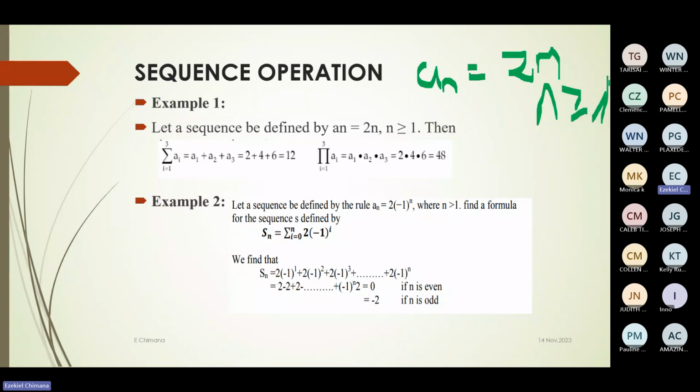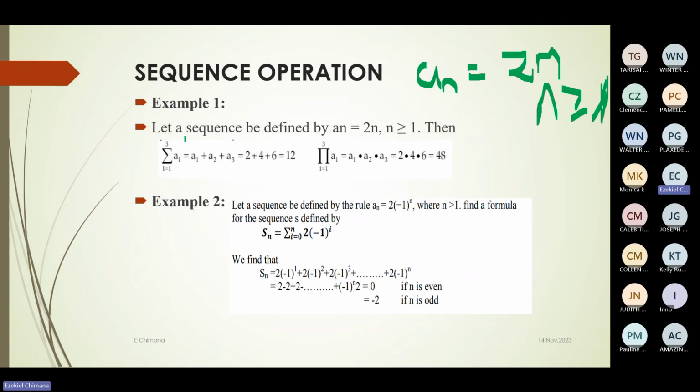In other words, your sequence starts at 2 as the first element, because if you put 1 here, it gives you 2 times 1, which is 2. The second element will be 2 times 2, which is 4. So it's just the multiples of 2, starting from 2. So it will be 2, 4, 6, 8 up to n.